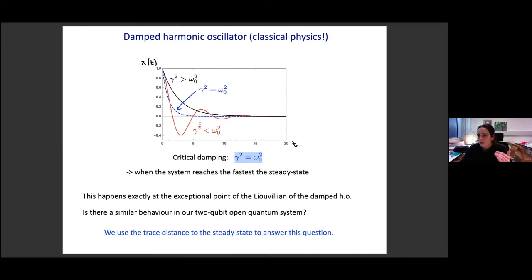So what we want to see now is how our quantum system approaches its steady state. So we need a measure, a tool to assess how it approaches its steady state, and we used the trace distance.